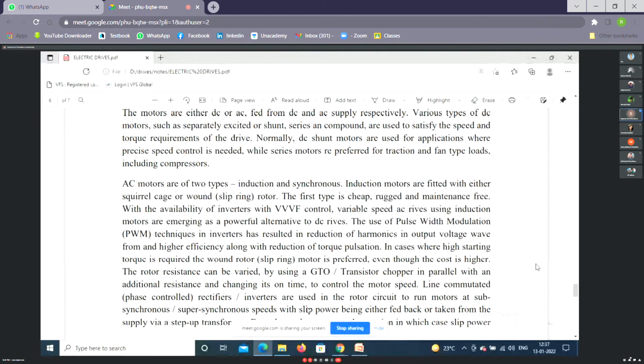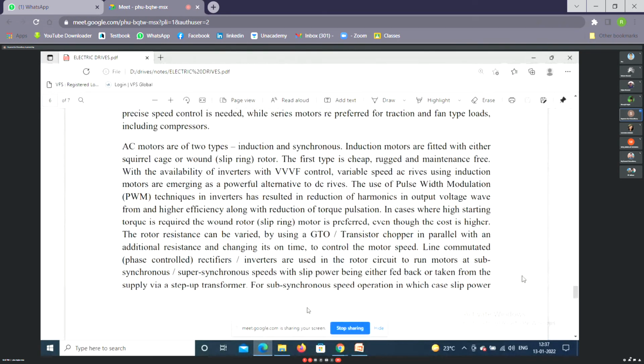So, in cases where high starting torque is required, the wound rotor motors are used because they will have a high starting torque. The rotor resistance can be varied to have a high starting torque. Otherwise, we prefer the squirrel cage variety.